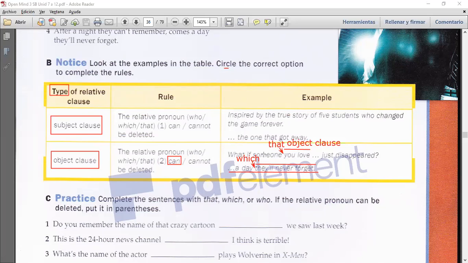Forget is the verb. Into the object clause, what do we have? Auxiliary will and a verb. Subject and a verb, as we said. They is the subject, and we have the verb, that is will forget.